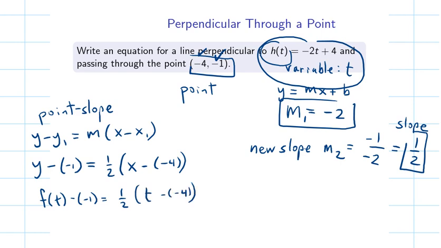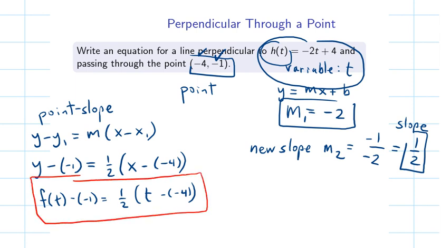This is an equation, but since the original equation was given in point slope form, we could probably solve for f of t, and that's going to be 1/2 t. That gives this part. We're going to have a 1/2 times negative 4, which is negative 2. We're going to add negative 1 to both sides.